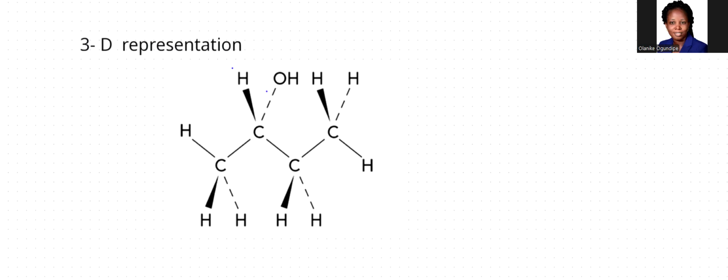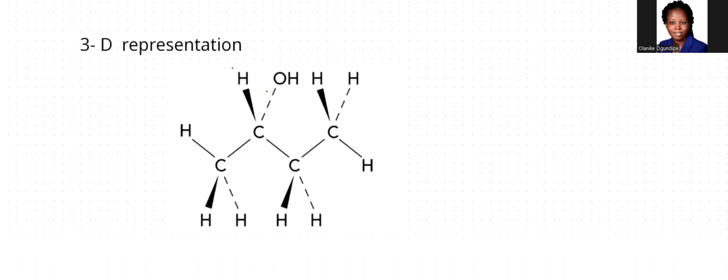However, you have about 3 different kinds of bonds being shown there, or 3 ways of representing the bonds. That is the wedge, the broken line, and the straight line. The wedge bond is said to be sticking out of the paper, while the broken line is said to be sticking into the plane of the paper. Now, a very good illustration for that is looking at the tripod stand.